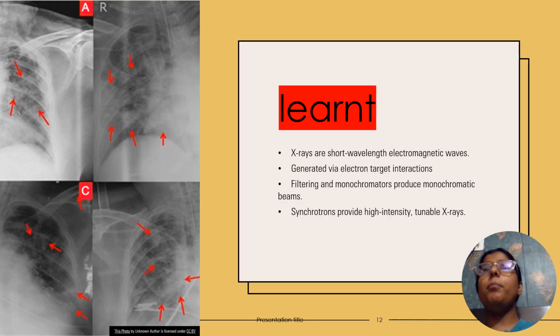And with the development of powerful synchrotron sources, we can now achieve extremely intense and focused X-rays, strong enough to reveal even the most complex biological structure like ribosomes. Altogether, these advancements have transformed X-ray diffraction into one of the most powerful techniques for understanding the matter at atomic level. Thank you.